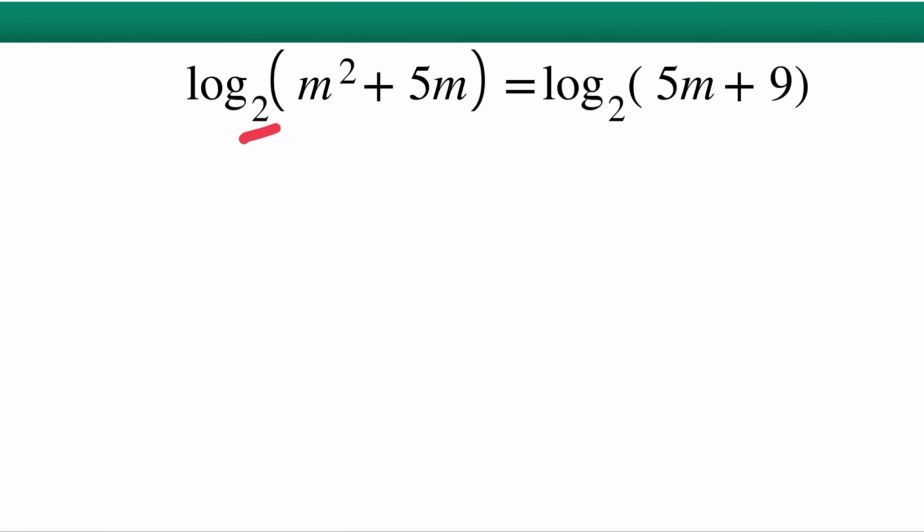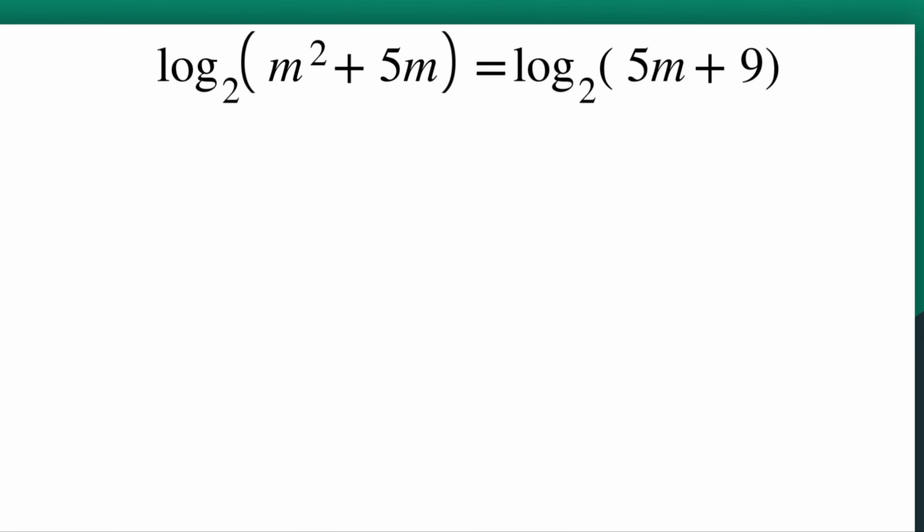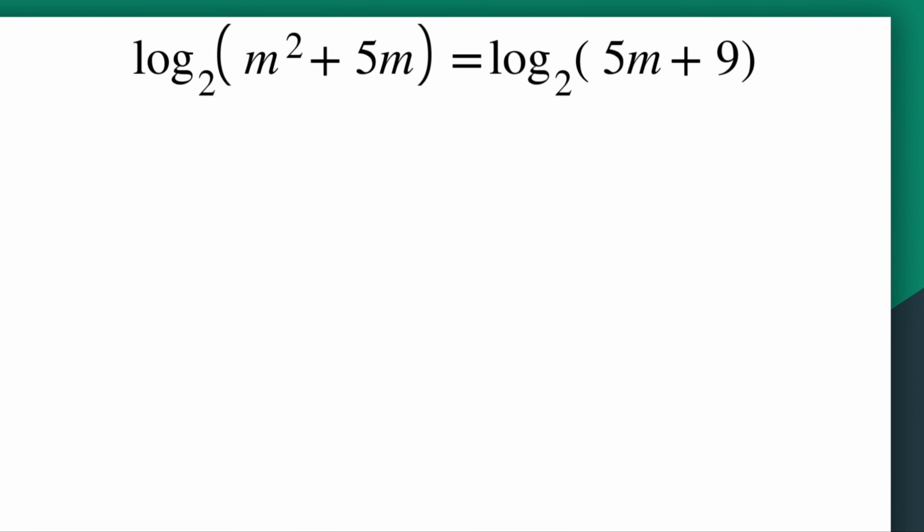Okay. And now we can do it with this one as well, right? We have log base 2 and log base 2, where they're equal to each other. So we can take what we're taking the log of and set those equal to each other. So we get m squared plus 5m is equal to 5m plus 9. Now we solve for m, but we notice off the bat that there's a square in this one, right? And that's okay. So let's minus this 5m.